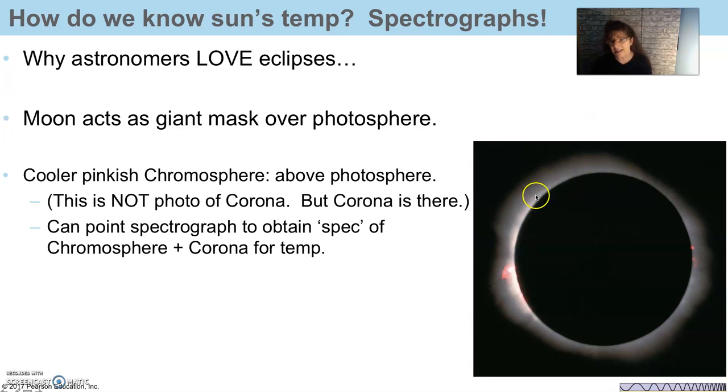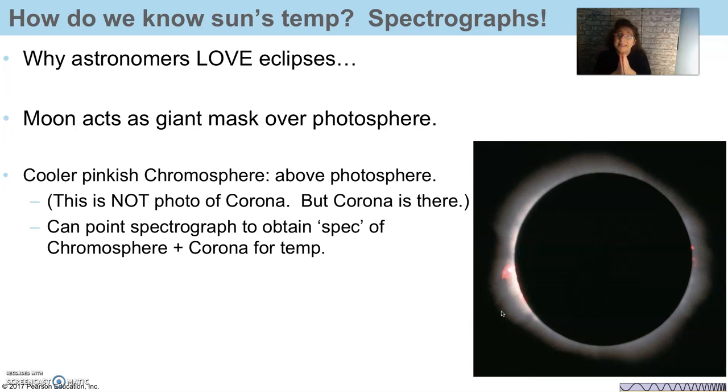This is not the corona. Right? This is not the corona. It looks a little bit like the corona, but you'll see the corona in just a second. When you take a spectroscopy clip from this particular eclipse, you will get the spectrogram from the atmosphere of the sun, which includes the chromosphere and the corona, which you can't see here because the chromosphere completely obliterates the very faint corona, but it's there.